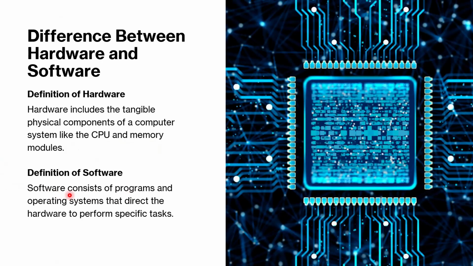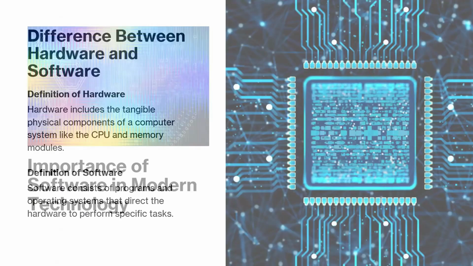Definition of software: software consists of programs and operating systems that direct the hardware to perform specific tasks. Software consists of programs that instruct the computer to perform any task, and we cannot touch or feel the software. It is not like hardware, it is a program inside the computer, so we call it software.